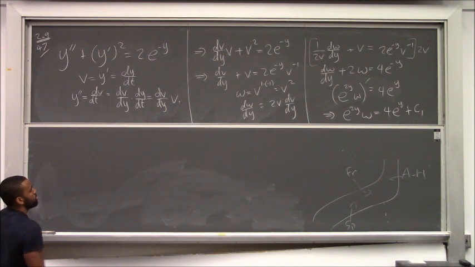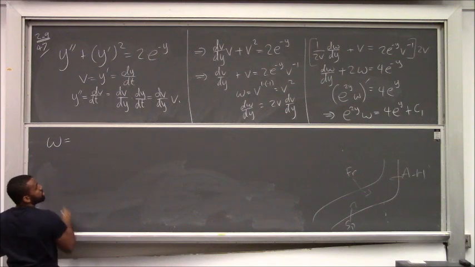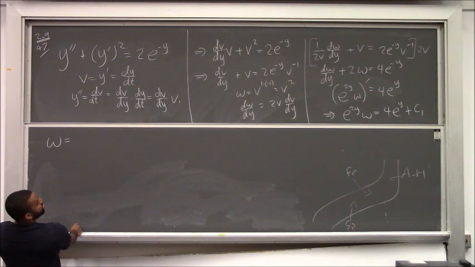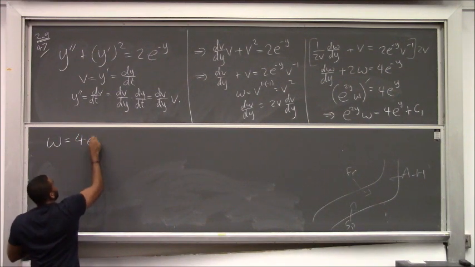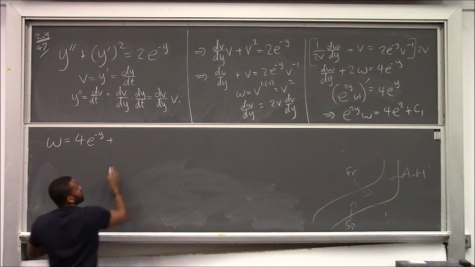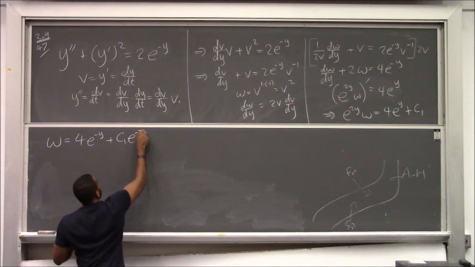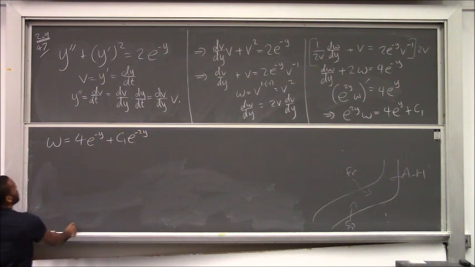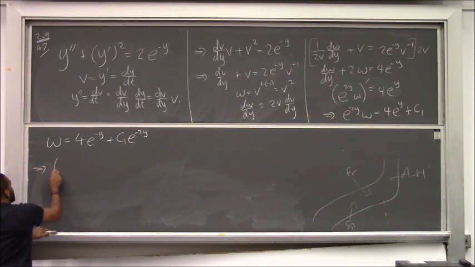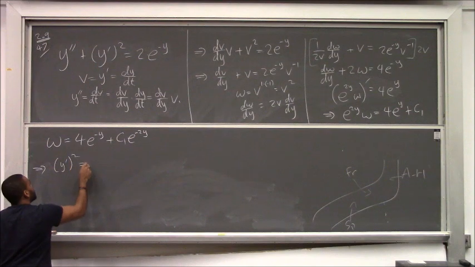We solve for w. So our w is going to be 4e to the negative y plus c2. But our w was what? v squared. That was y prime squared.